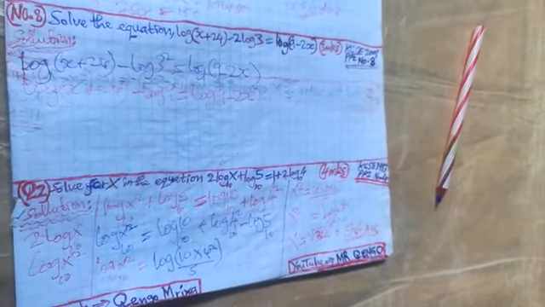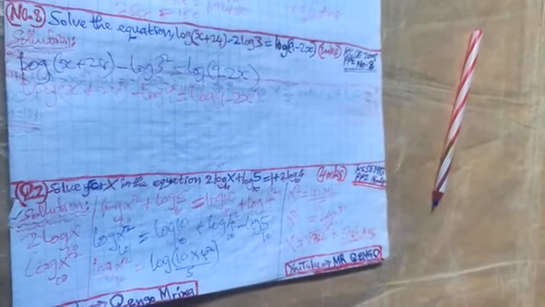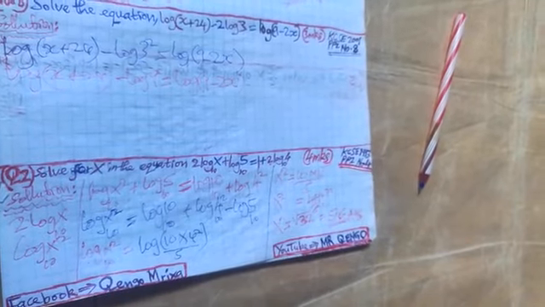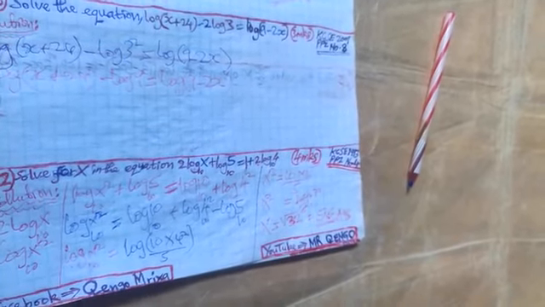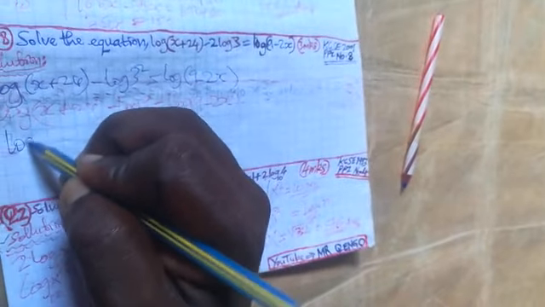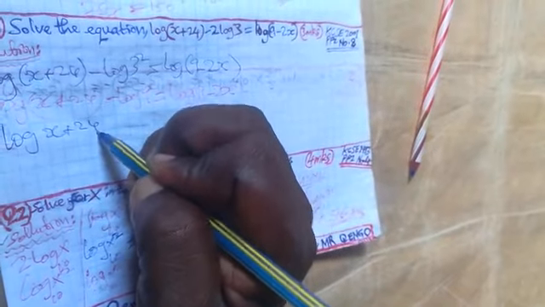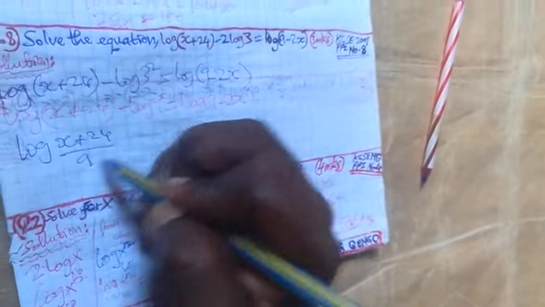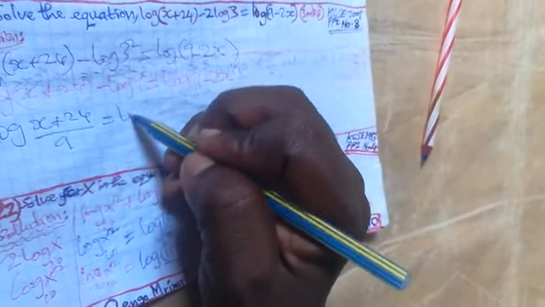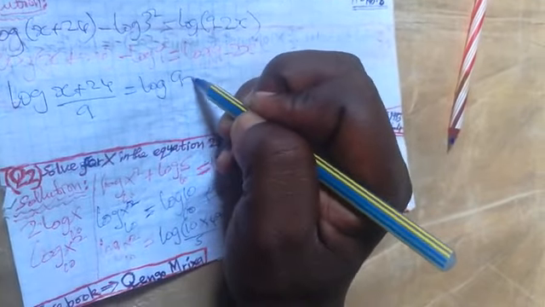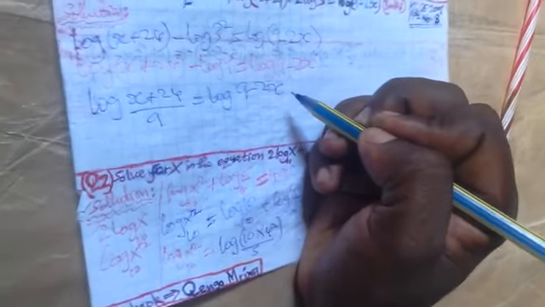Since we are dividing, we are allowed to use one log on the left hand side of the equation. Therefore, log of x plus 24 divided by 9 is the same as log of 9 minus 2x.